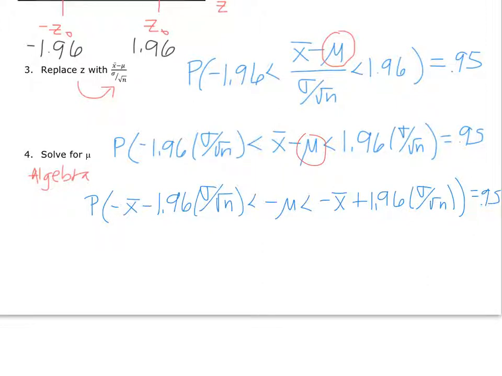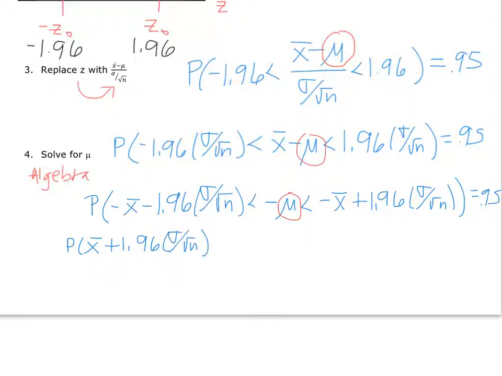One more thing here. We want just mu. We don't want that negative out in front. So we multiply all three pieces by a negative. So we're going to end up with the probability of positive x bar plus 1.96 times sigma over square root n.